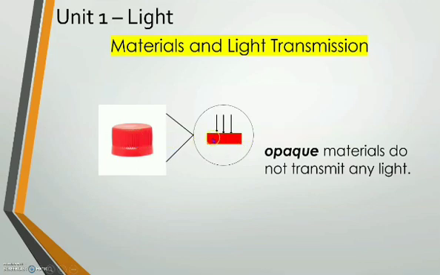This is the surface of an opaque material. As you can see, the light arrows cannot go through the opaque material. So it's very clear that the light going through an opaque surface or opaque material does not transmit or go through that material.